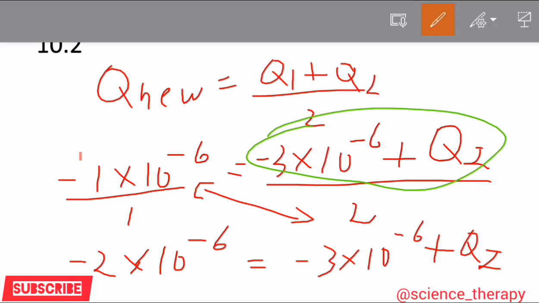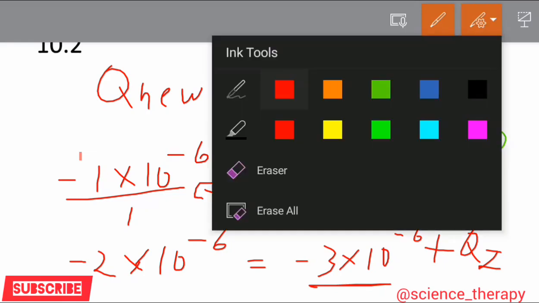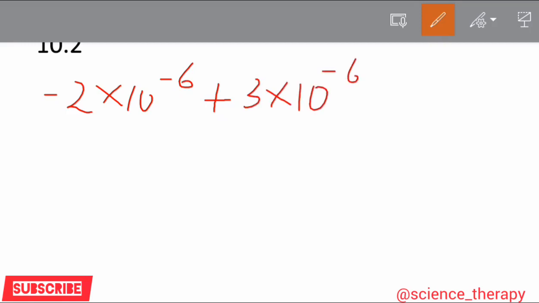So what are we supposed to do? We are supposed to take this -3 and transpose it to the left hand side. So now let's do it. So we have -2 times 10 to the power of -6. Now transposing that, we have plus, because it changes the sign, 3 times 10 to the power of -6, then is equals to Q2.